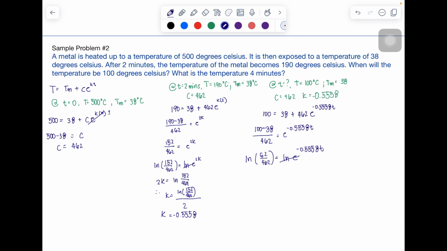This cancels out, so we're left with ln of 62 over 462 is equal to negative 0.5558 t. So if you manipulate the equation and find t, you will get t at 3.61 minutes.